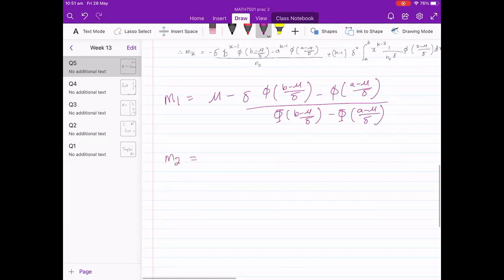You could be asked to find these moments. The second moment, which is mu squared plus sigma squared, minus sigma, mu plus b, phi.